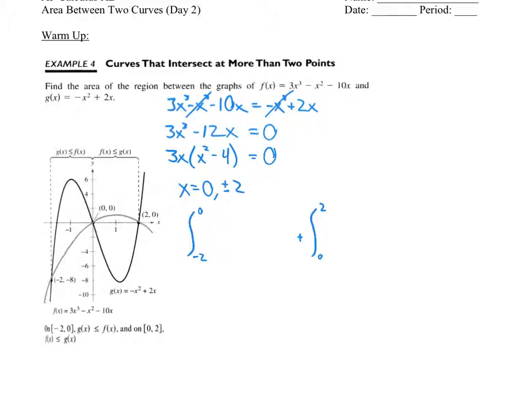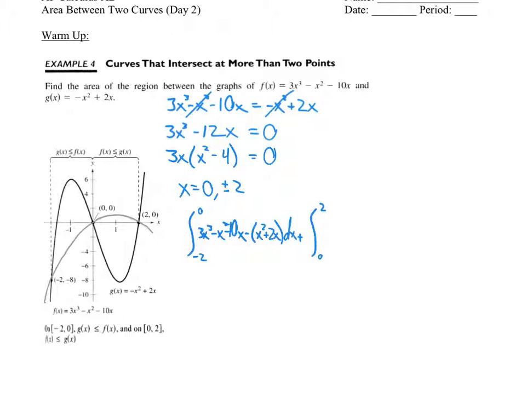If I plug in a negative 1 here, I have a negative 1 minus 2, negative 3. So f is bigger. So I have the 3x cubed minus x squared minus 10x minus the negative x squared plus 2x dx. Okay?